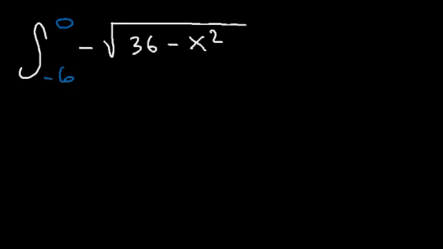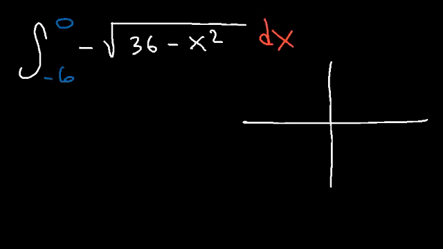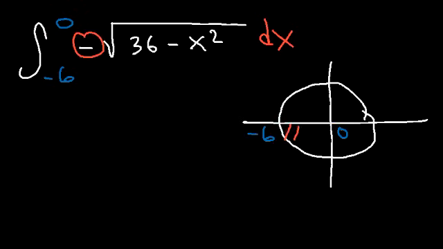Try this one. So let's graph the circle. We need to integrate it from -6 to 0. And because there's a negative sign, we have the lower part of the circle. Now, it's still 1/4 of the circle, so it's going to be 1/4 pi r squared.